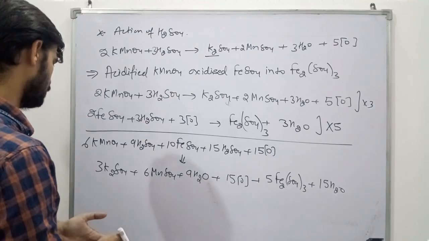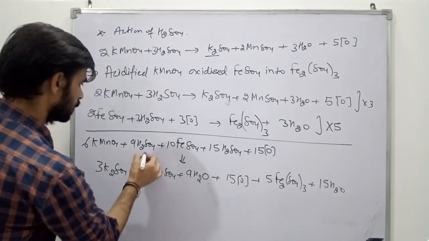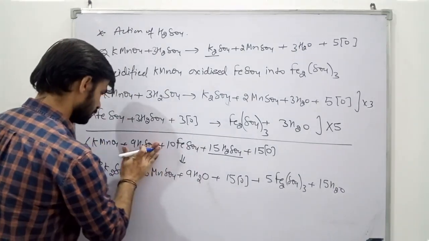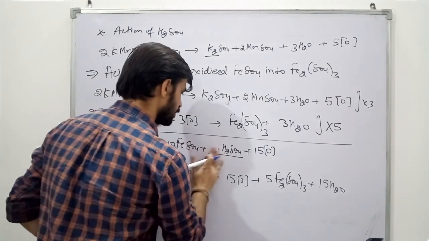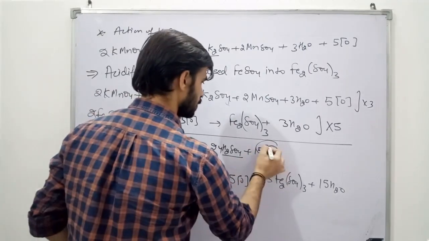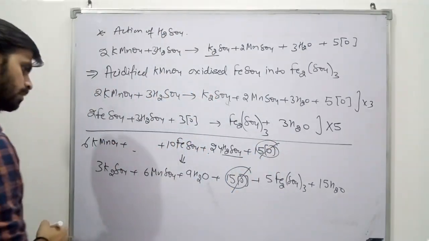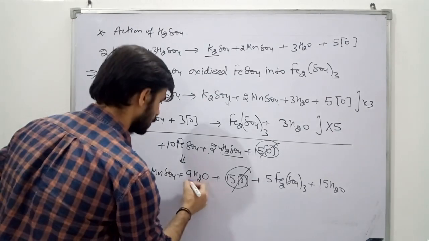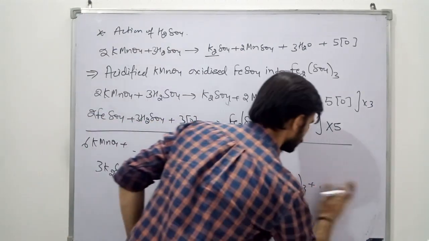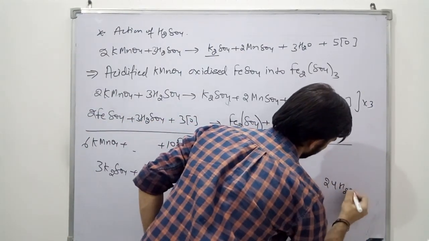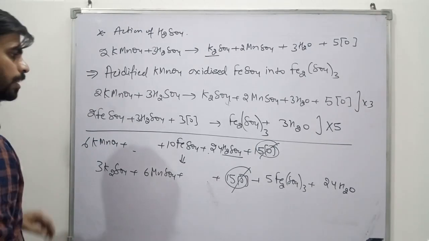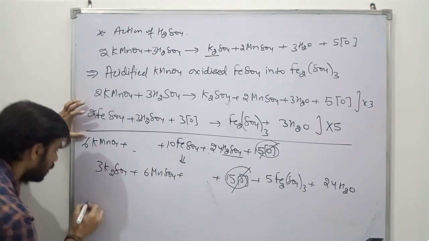We have H2SO4: 9 plus 15, that is 24 H2SO4. Now 15 nascent oxygen cancels, and 9 plus 15, that is 24 water molecules. Anything else? No. So here we have your final molecular equation.